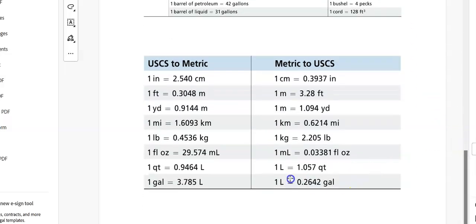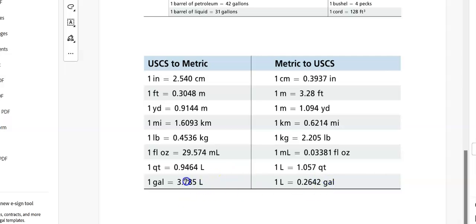So what you have to do is change fluid ounces first to milliliters, and then change that milliliters to gallons, because you know 1 liter, that means 1000 milliliters, equals this much gallon.